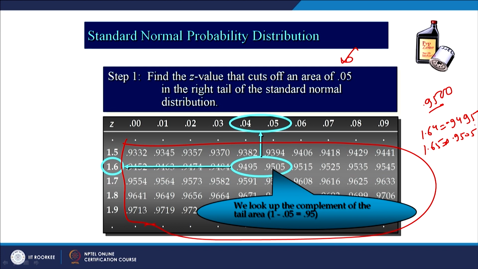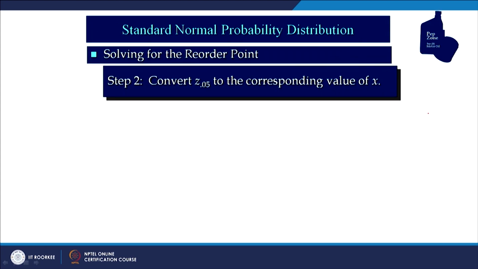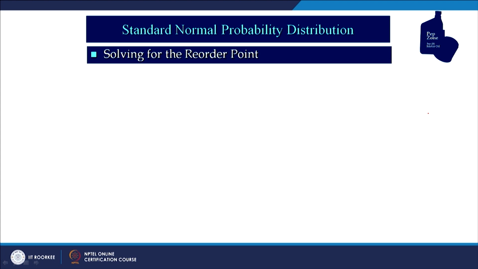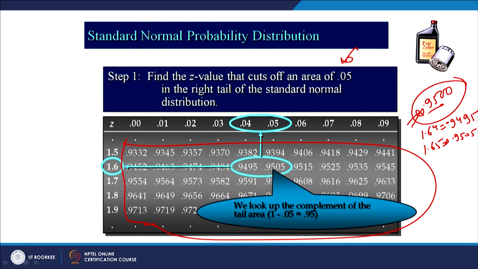What we want is that value of z where the area is 0.95. So, you just take the average of these two, right. So, that would be 1.645, right.